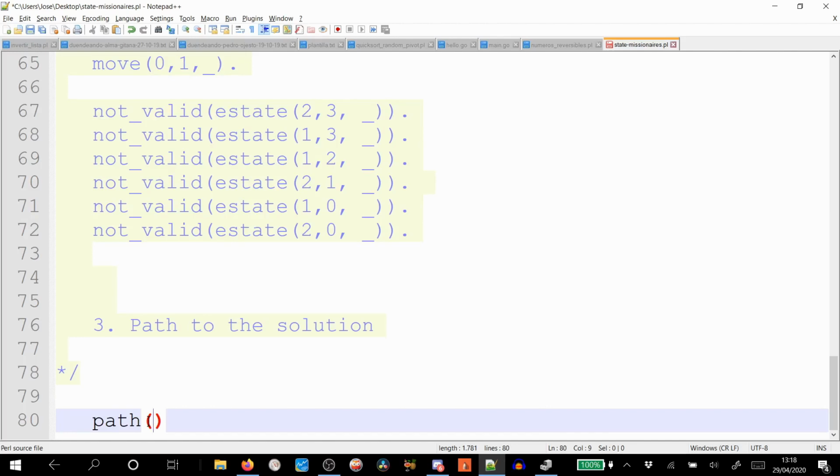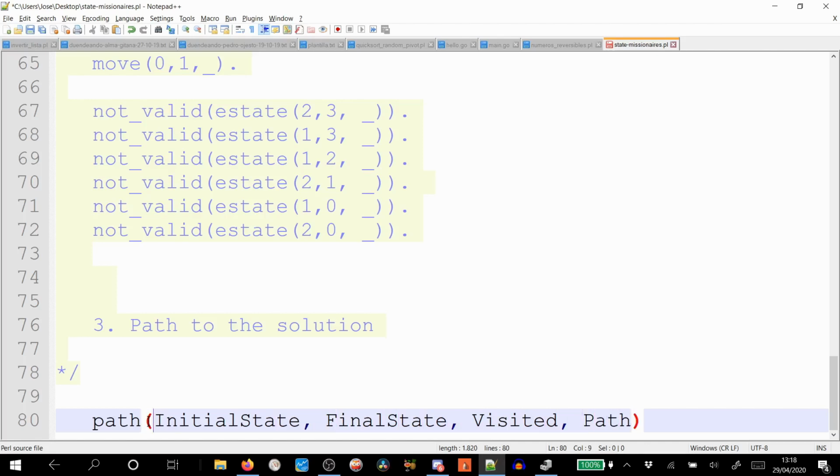The simplest case is the initial state and the final state. Remember, for the path we have the initial state, the final state, the visited states, and the path.